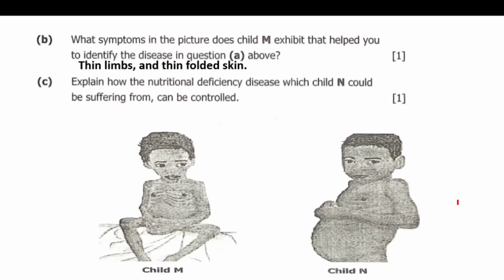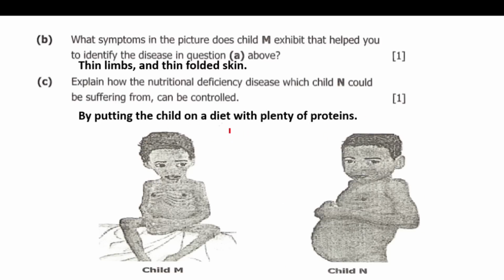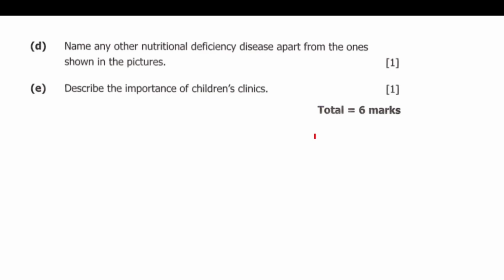So this child N, we said, is suffering from kwashiorkor, and the only way of controlling this disease is by providing this child with a diet containing enough proteins. So here we said by putting the child on a diet with plenty of proteins. D.